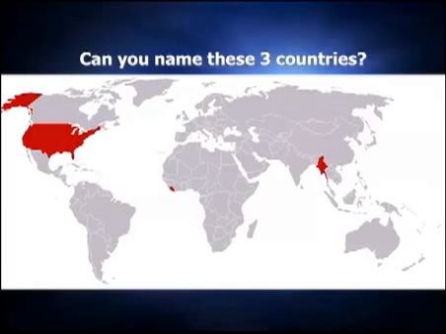What letter does it start with? This one over here in Africa is Liberia. This one over here used to be called Burma. Yes, Myanmar. So those are the only 3 countries in which the metric system is not the official system.